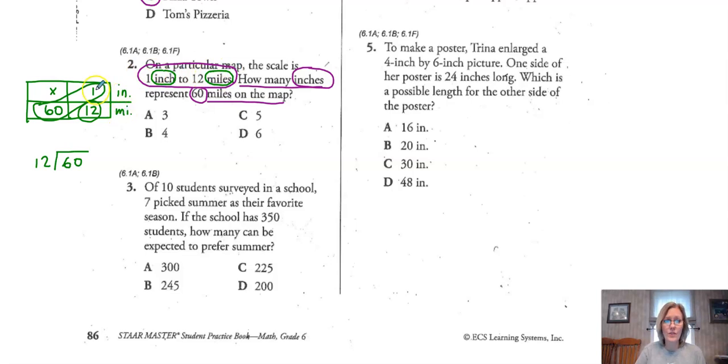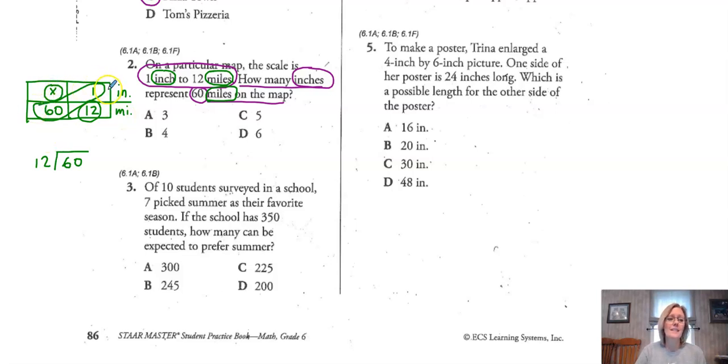So those are my two things. 1 inch is 12 miles. Well, they told me that this is the units miles, so I wanted to put 60 with the miles part of my thinking box. And what I'm trying to find are the inches.